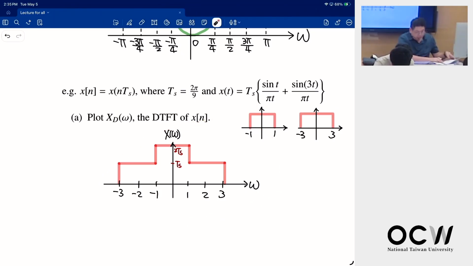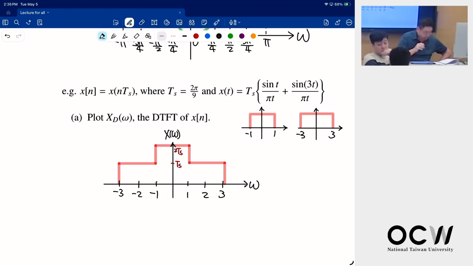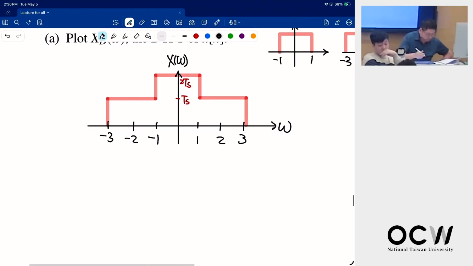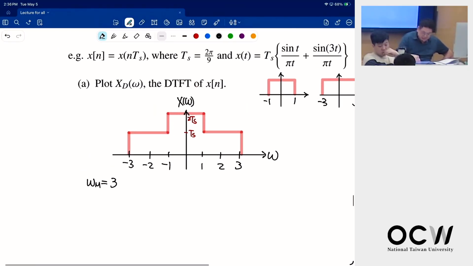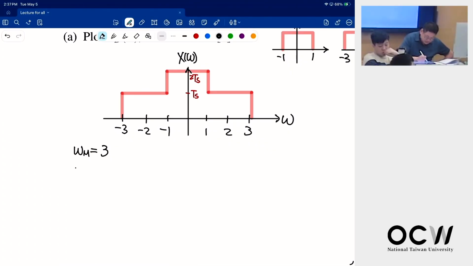What is the bandwidth of this signal? Now let's check the sampling rate. Okay, so omega s. Omega s should be 2π over Ts.